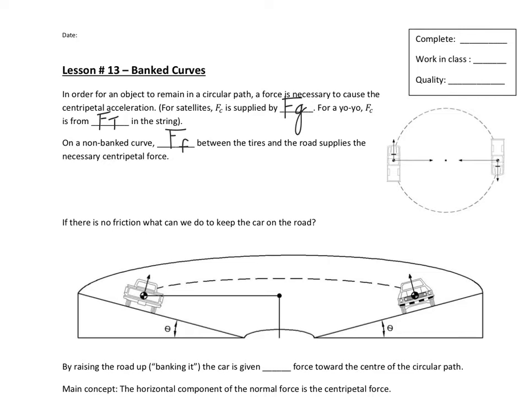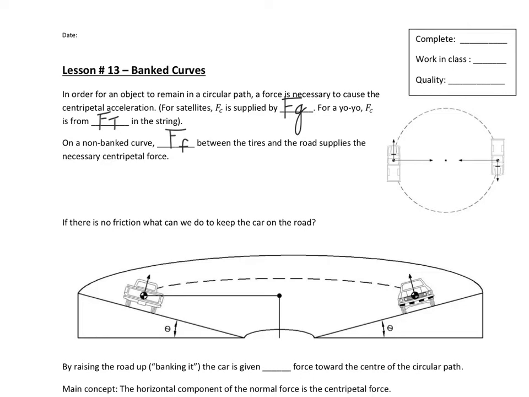So if there's no friction, we're going to bank the curve and lift the road up so that something else supplies the centripetal force and keeps the car on the road, preventing it from sliding. And obviously that has important effects, because then the object is safe and not going to have bad collisions.